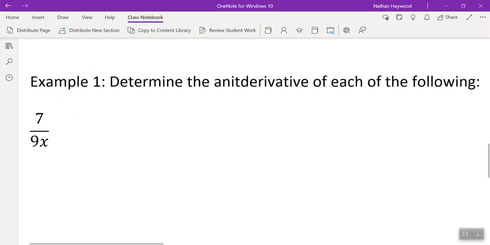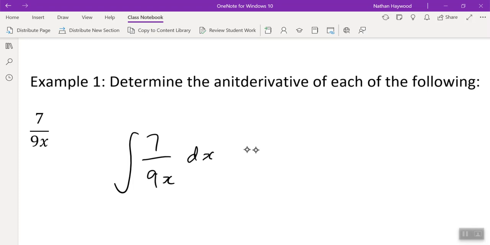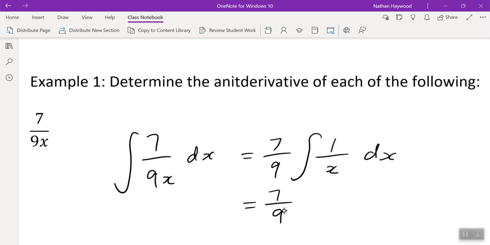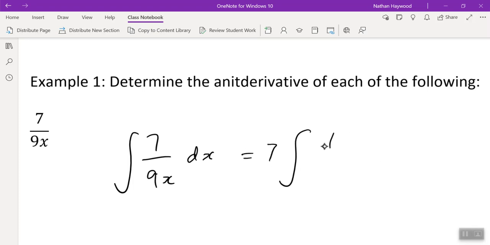So, first one, see if you can do it. Go. So we're finding the integral of this in terms of dx. So we can just bring the coefficient out the front. We can bring the 7 out the front, not the 9.